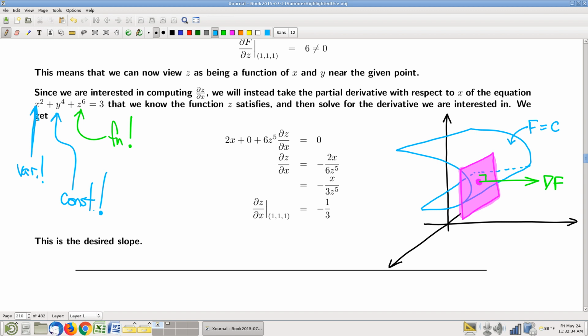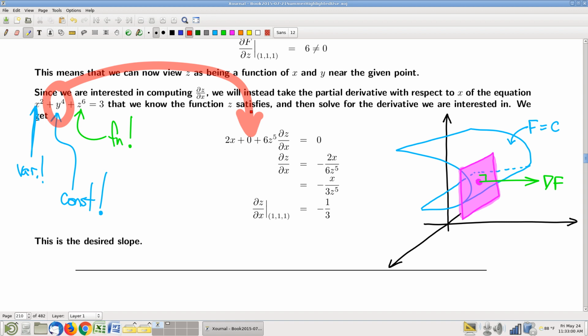z is a function, so don't forget to use the chain rule. x is the variable that I'm taking the derivatives with respect to. y is a constant. So one term at a time, you can take these derivatives. The derivative of x squared with respect to x is 2x. The derivative of y to the fourth? Well, don't forget, y is a constant now.